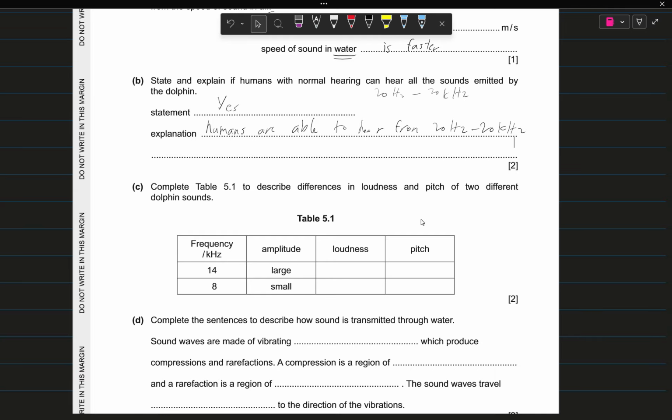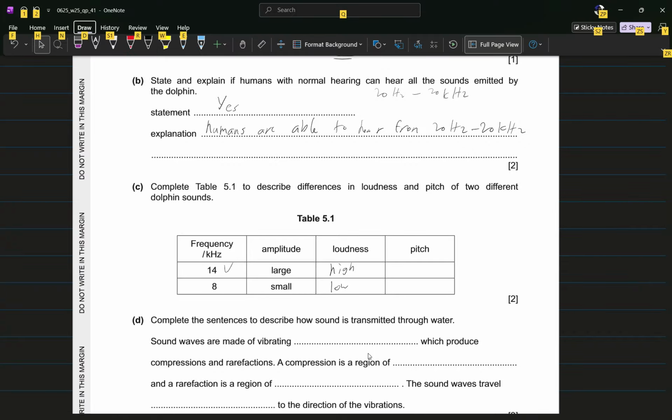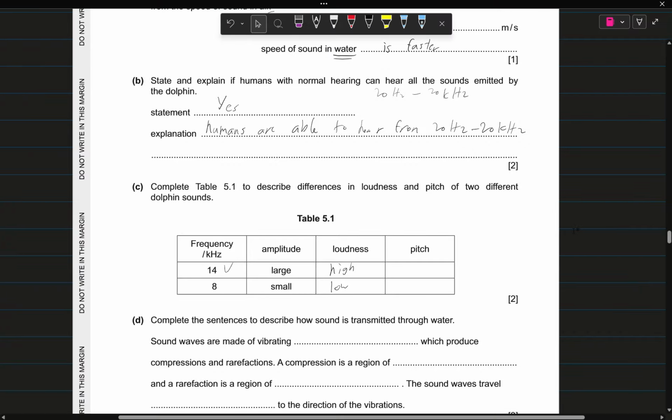Okay, so here we have 14,000 hertz. The amplitude is large, and because the amplitude is large, the loudness will be large or high. But here, if the amplitude is low, then the loudness will be low. Okay, regarding the pitch, the higher the frequency, the higher the pitch.